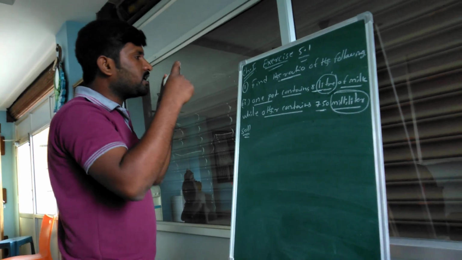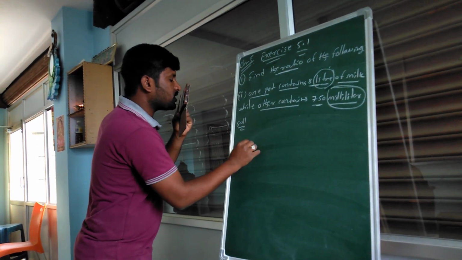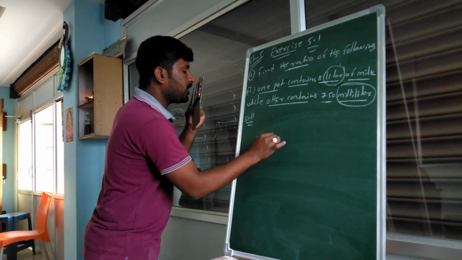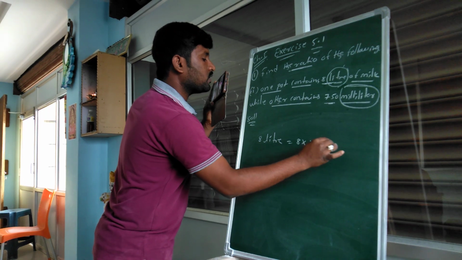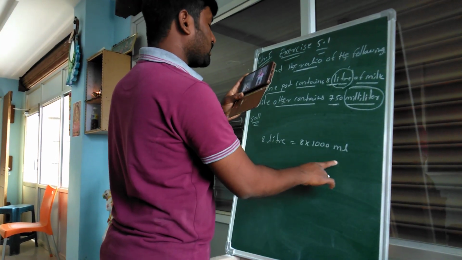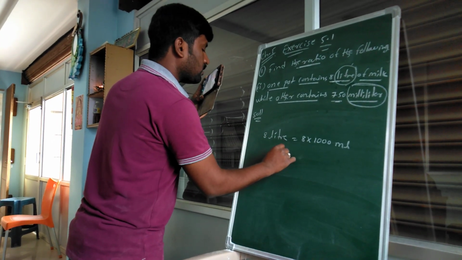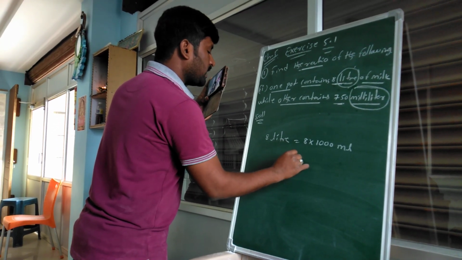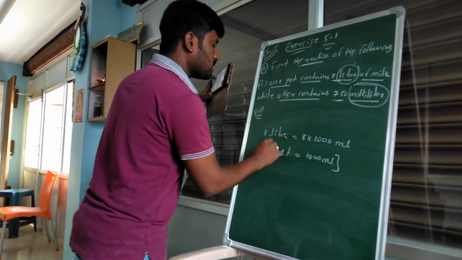So that's why I'm changing. 8 liter means that is 8 into 1000 ml. Okay? Because 1 liter is equal to 1000 milliliters.